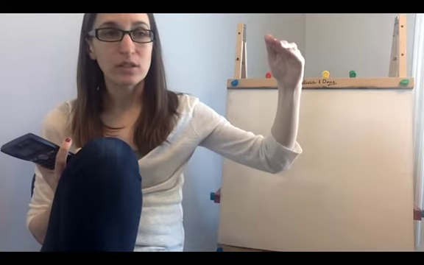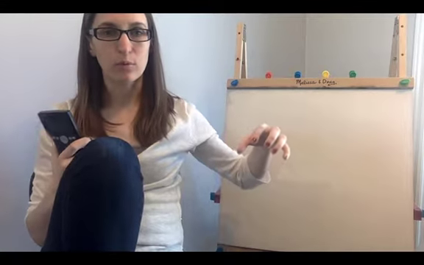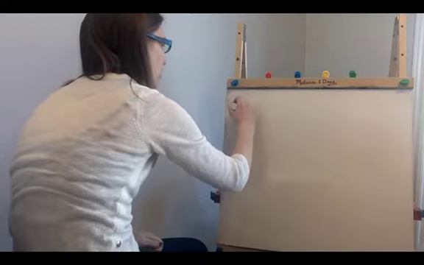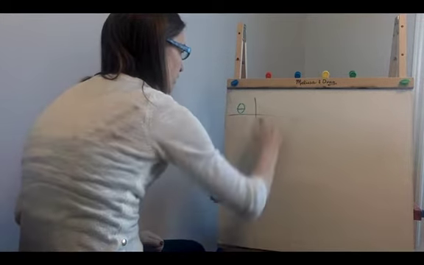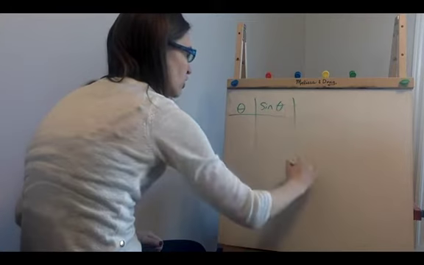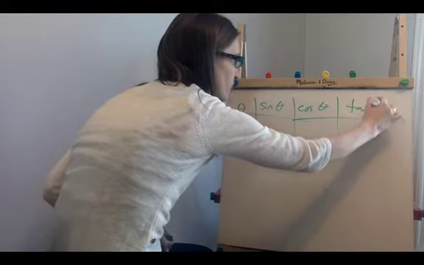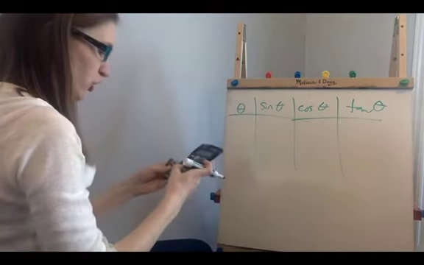So you'd have all these things in a nice organized table. It looked almost like this: angle, the sine ratio, the cos ratio, and the tan ratio, right? So let's say it was 30 degrees.